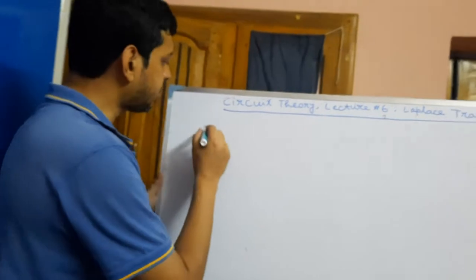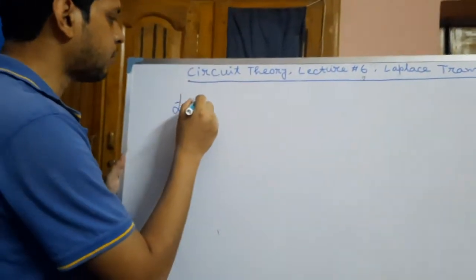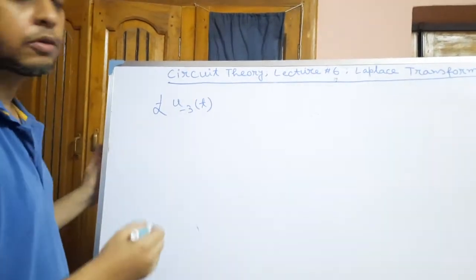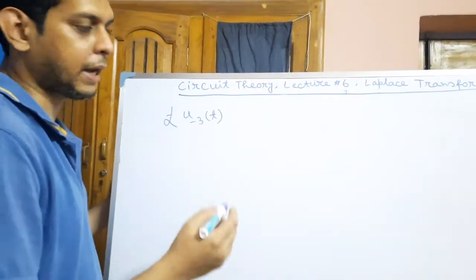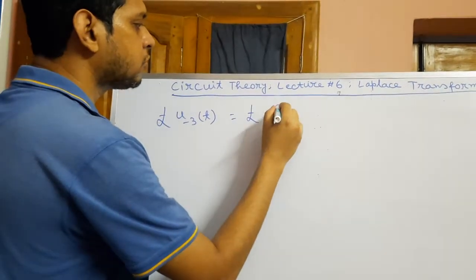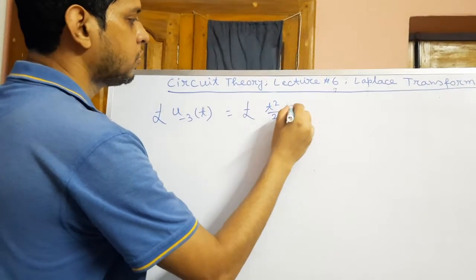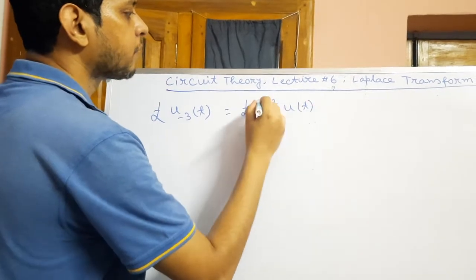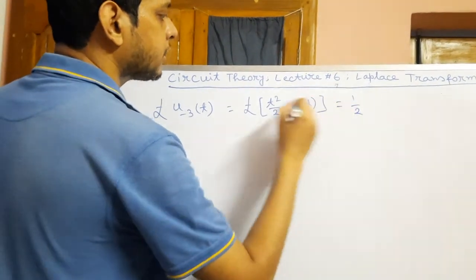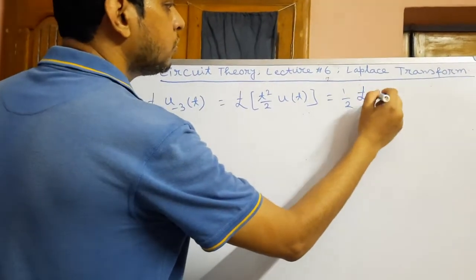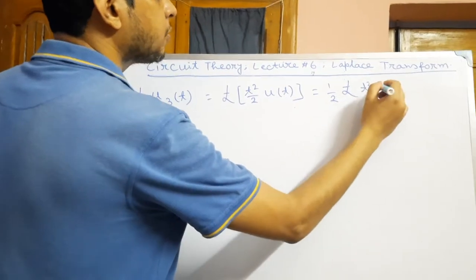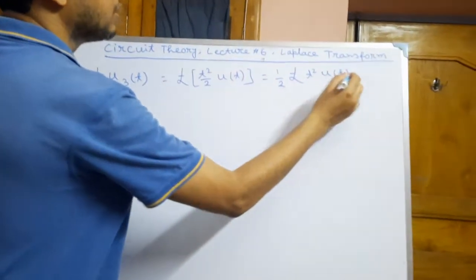Now let us determine the Laplace transform of u minus 3t. u minus 3t is the unit parabolic function, or u minus 3t equal to t square by 2 ut. So the Laplace transform of this equals half Laplace transform of t square ut.